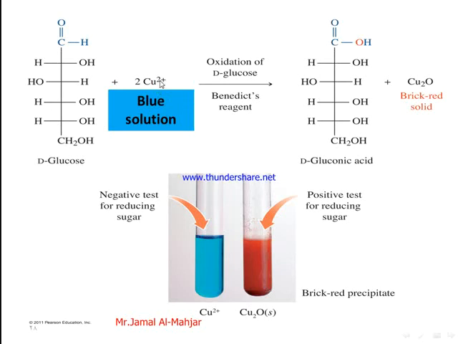This electron is given to the Cu plus 2, changing it from Cu plus 2 to Cu plus 1, and this is the color of the brick red precipitate of Cu plus 1. But Cu plus 2 is blue, and there is no precipitate here, it is the color. Here we will see the precipitate or brick red precipitate, or sometimes you call it gelatinous red precipitate.